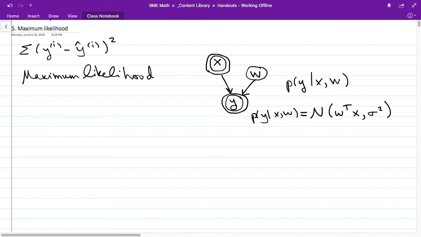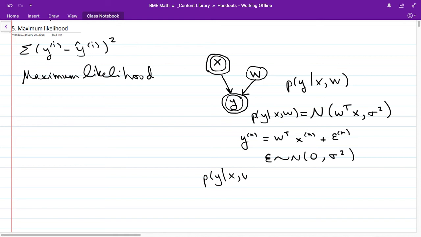So such a thing, of course, comes out of a model that says my estimate, y, at trial n, is w transpose x at n plus some noise epsilon at that trial, where epsilon is normally distributed with mean 0 and variance sigma squared. And so then, if this was the case, then the probability of y given x and w becomes this normal distribution.